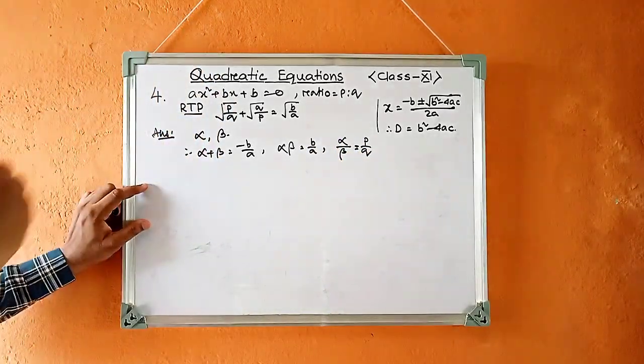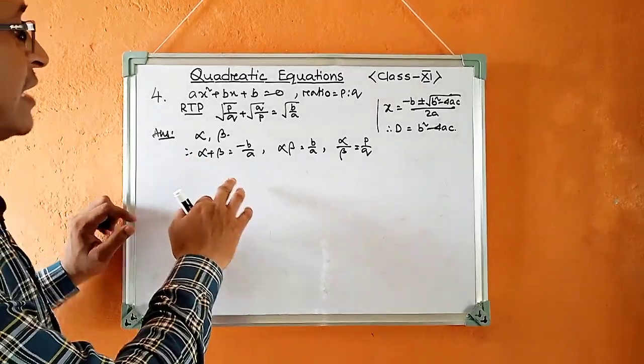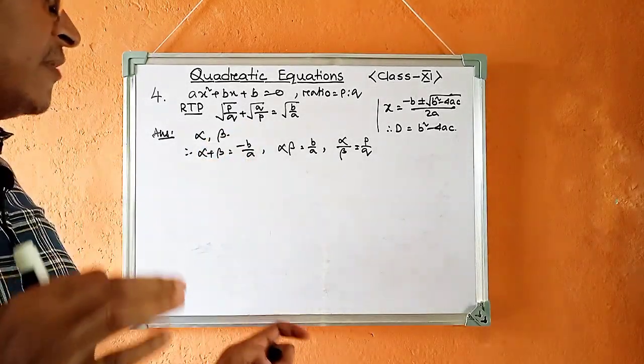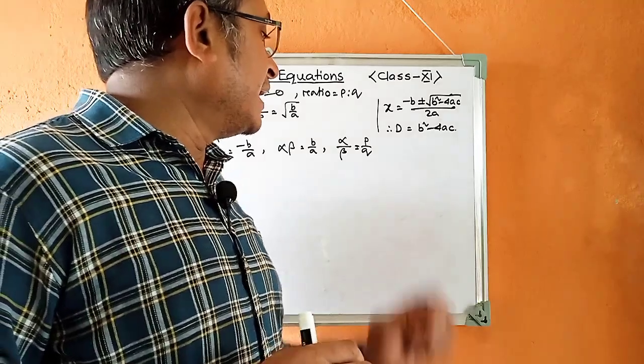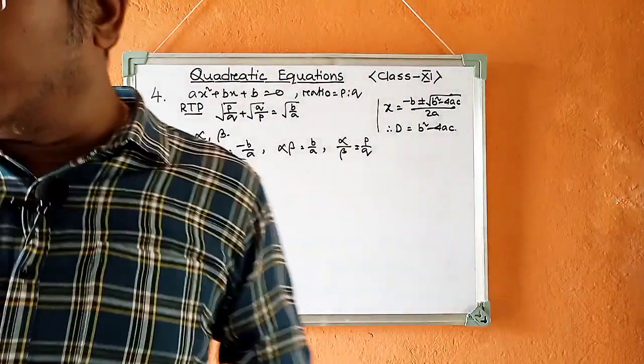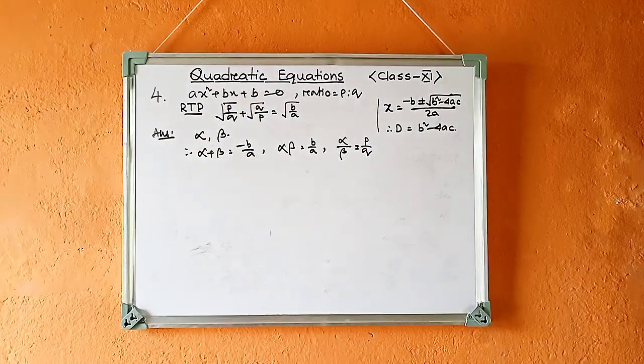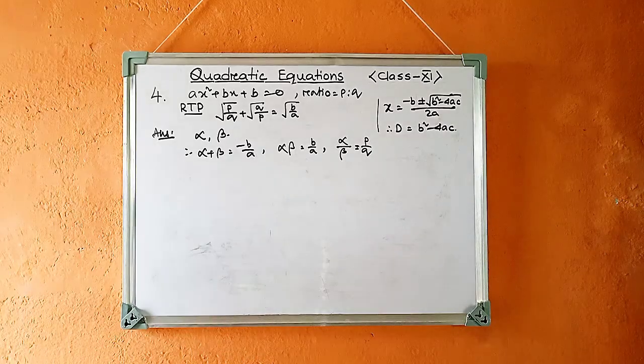So we get three pieces of data: alpha plus beta equals minus b by a, alpha beta equals b by a, and alpha by beta is p by q.